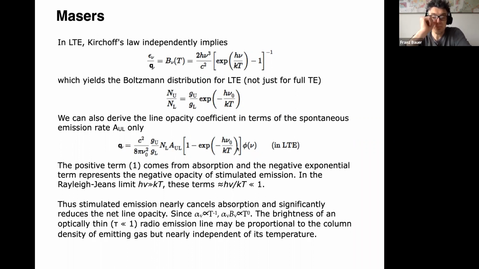Generally speaking, we've derived it in terms of the spontaneous emission coefficient. The positive term 1 comes from the absorption, and this exponential term comes from the negative opacity of stimulated emission. Generally this thing is positive and we're happy. However, this negative exponential term represents the negative opacity of stimulated emission.